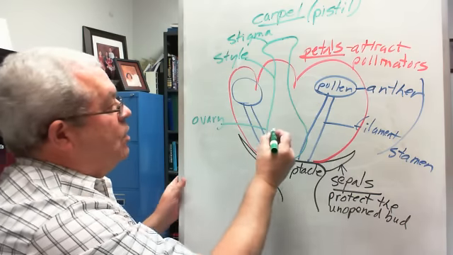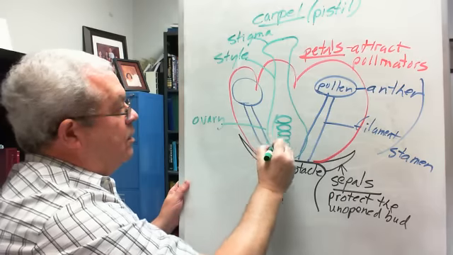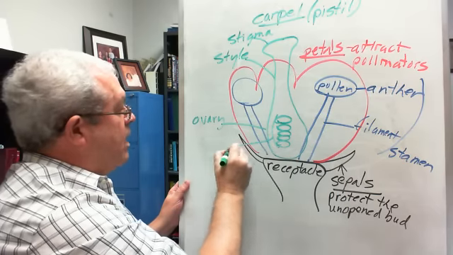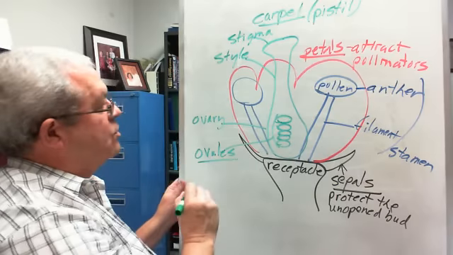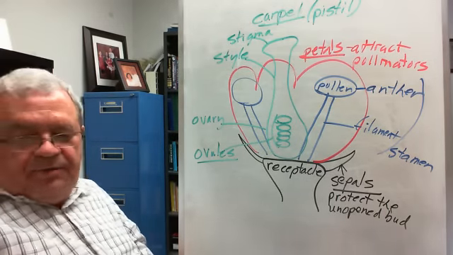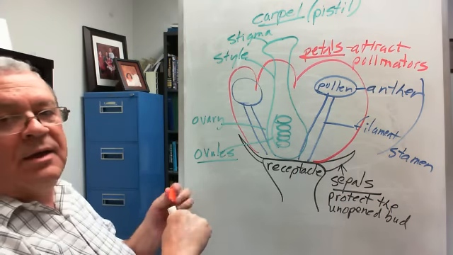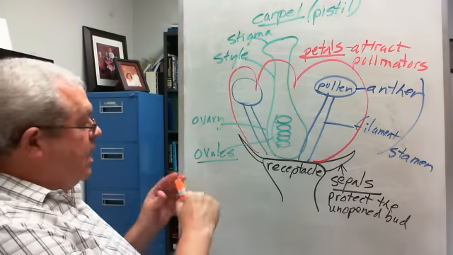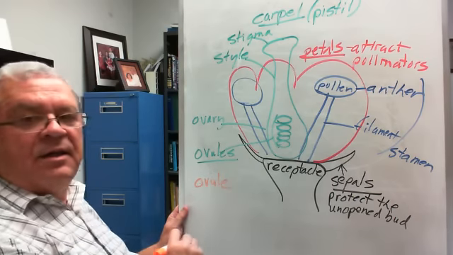Inside the ovary there are little round things called ovules. So what becomes what if all goes well for this flower? An ovule, can you see that?